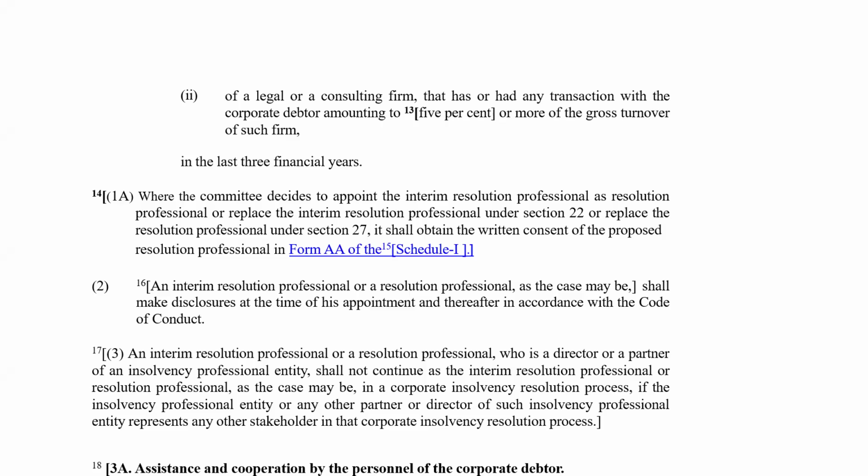Suppose the legal or consulting firm has got a turnover of 100 crores, then if they are getting 5 crores or more from that CD in any of the last 3 financial years, it has to be seen year-wise, right? So we don't have to club all these 3 years to calculate this 5%. It has to be calculated on a year-to-year basis. So in all these cases, he will not be considered to be independent, right?